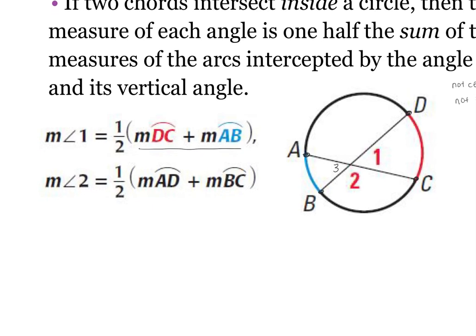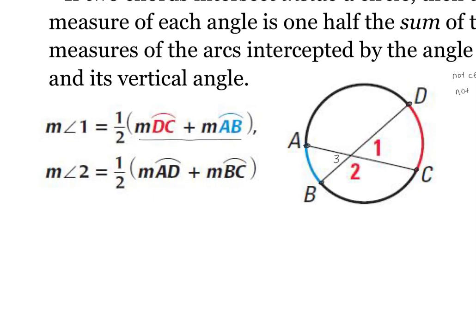So check it out. Let's say we knew that the red arc was 80 and the blue arc was 40 degrees. The measure of angle 1 is going to be 1/2 of 80 degrees plus 40 degrees.